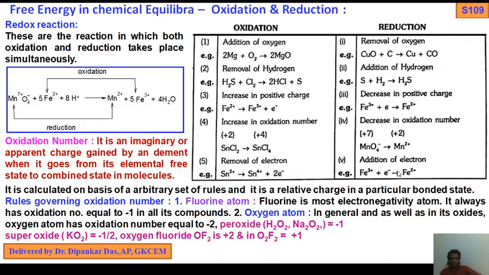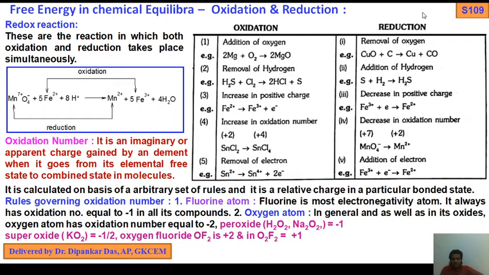So simply, at this level oxidation means oxidation number increases, or you can say oxidation state increases, and removal of electron. Similarly, reduction means addition of electron or gaining of electrons, and oxidation number decreases. So that is oxidation and reduction.